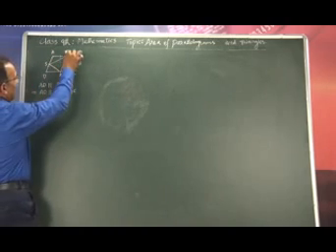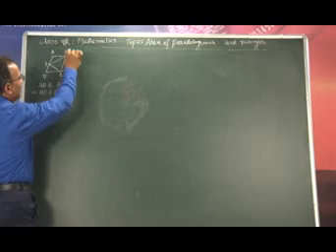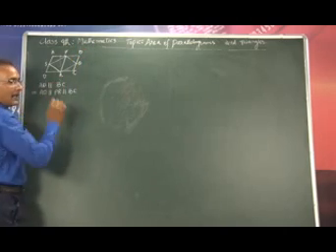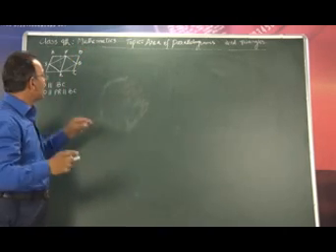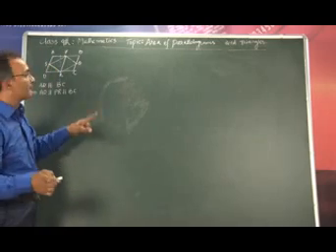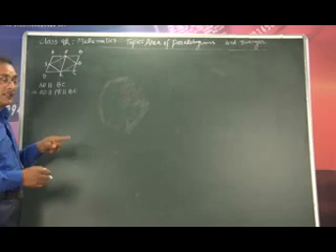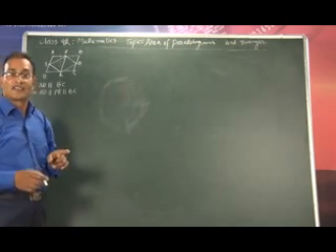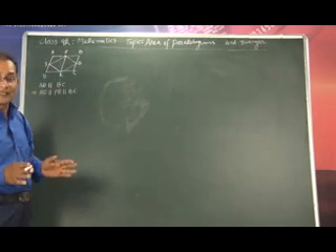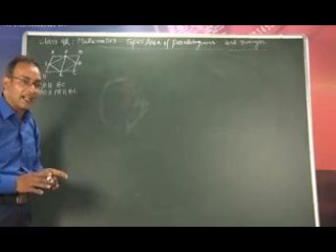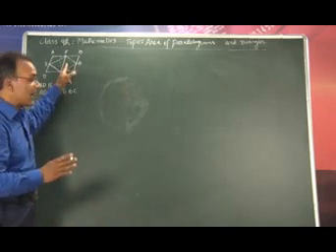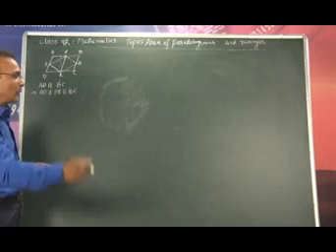That means the triangle PQR and the parallelogram PBCR are on the same base PR and between the same parallels BC and PR. So, if these are two figures on the same base between the same parallels, then we have a relation in their area, that is, the area of the triangle is half of the area of the parallelogram.